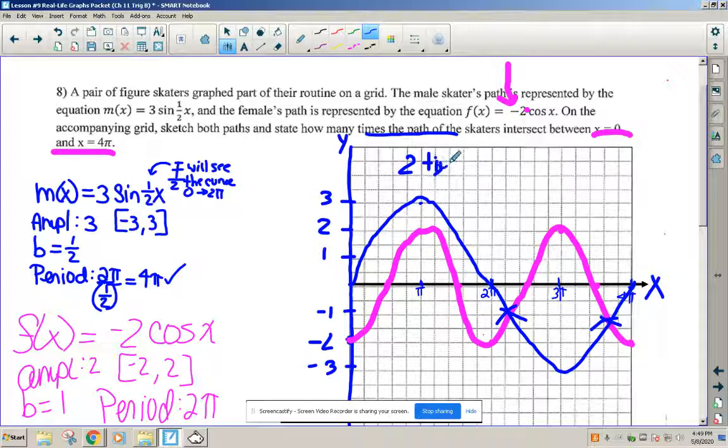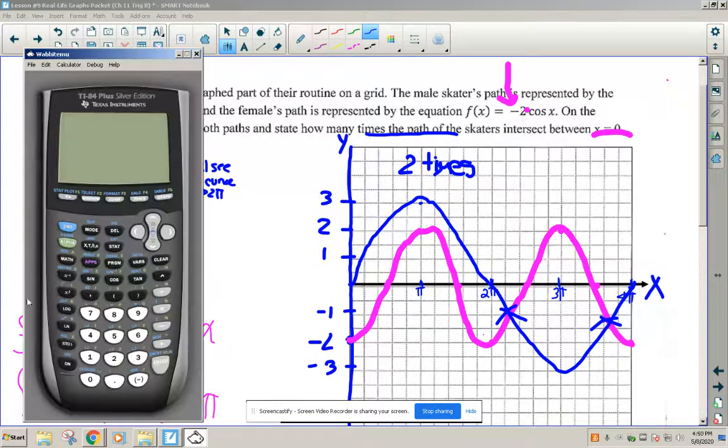Now, you always want to check to see if you're doing it right. So this is when your calculator would definitely help you out. If we take out our calculator, again, let's make sure that we are in radian mode. So if I look here, I am in radian mode, and now my window has to change because my window went from 0 to 4 pi.